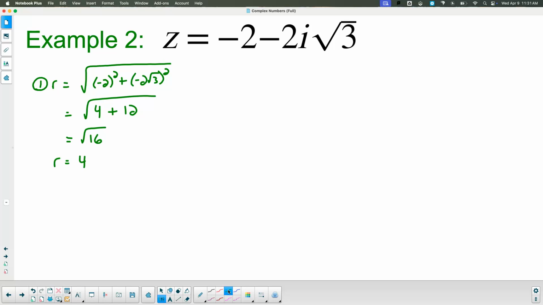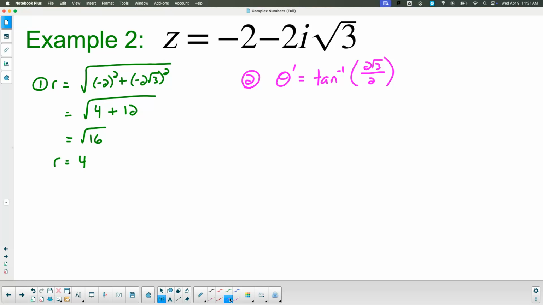Okay. Then we also need to find our reference angle theta, which means we're going to have to find theta prime, or our reference angle, I should say. So then that's going to be the inverse tangent of 2 square roots of 3 over 2, which is just, I believe that is 60 degrees, if I'm not mistaken. Yes?